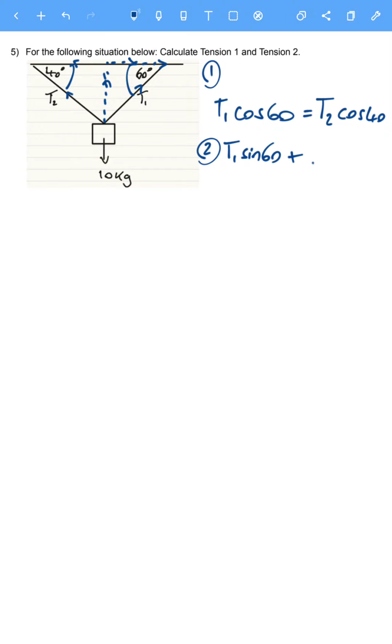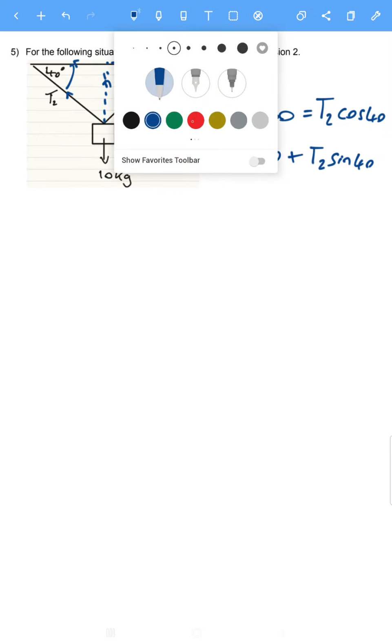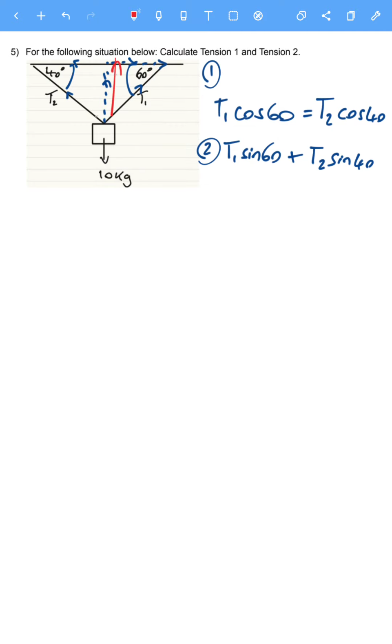So if we add them together, those two components acting upwards would be equal to the force that's acting downwards. So the two forces acting up must be equal to the force acting down. So T1 sine 60 plus T2 sine 40 must be equal to 10 kilograms. So we need to do 10 times 9.81, which is 98.1.